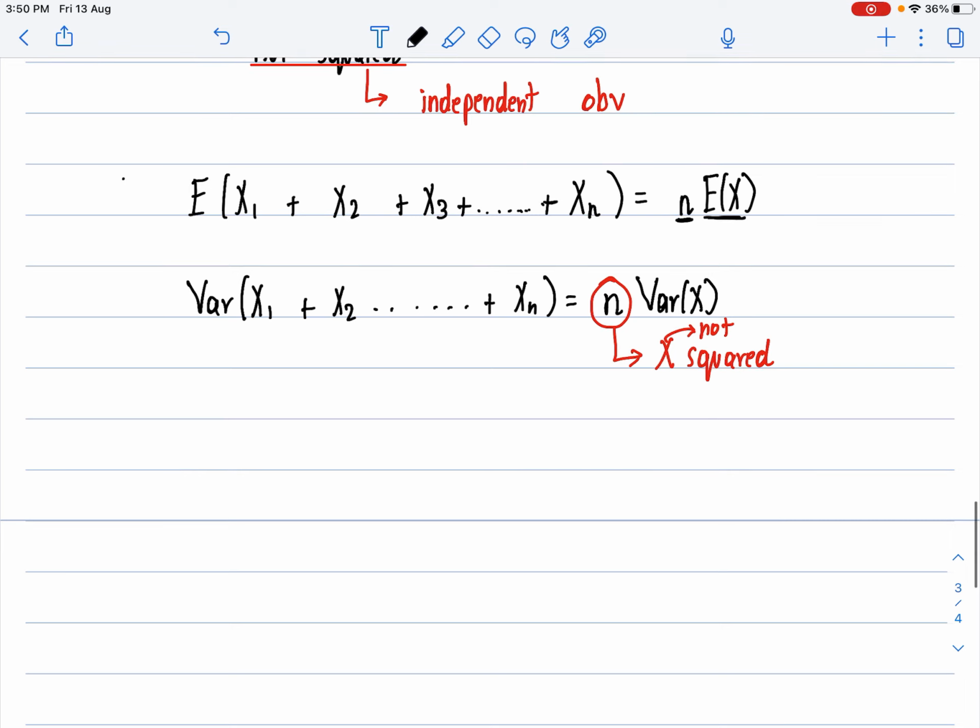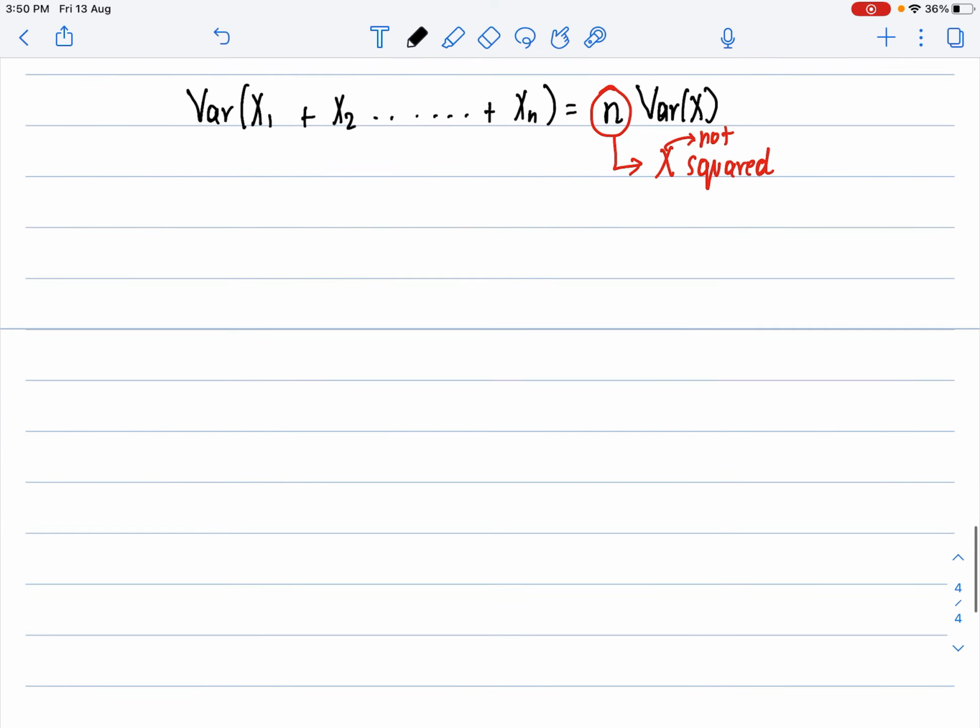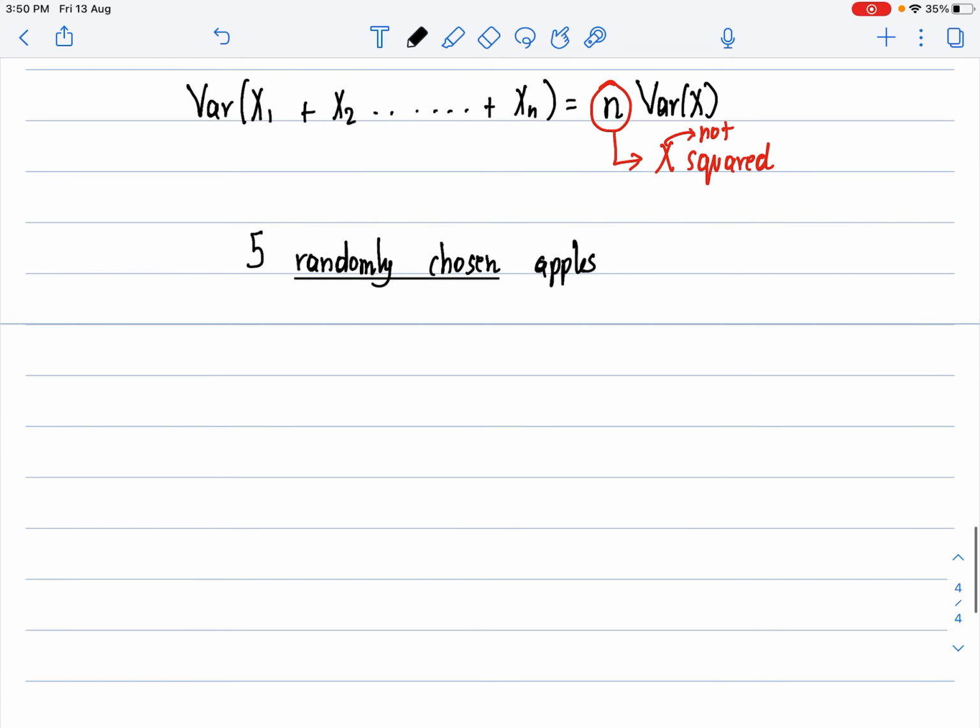Let's say in the questions they'll provide, like, 5 randomly chosen apples. This will be the language of the question. So you can see the words randomly chosen or independent of each other.